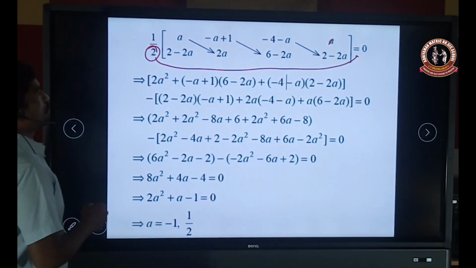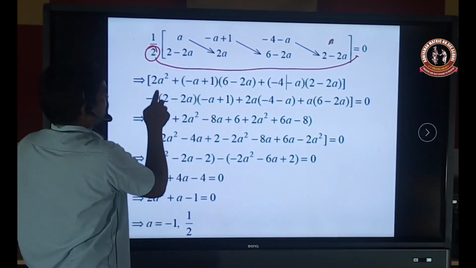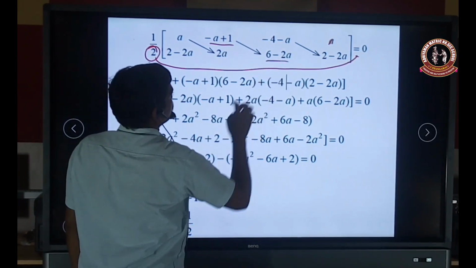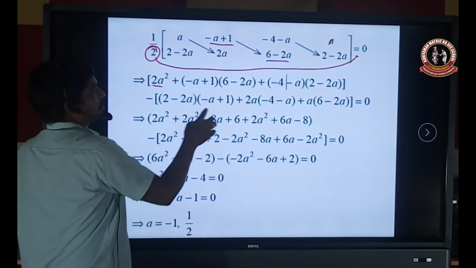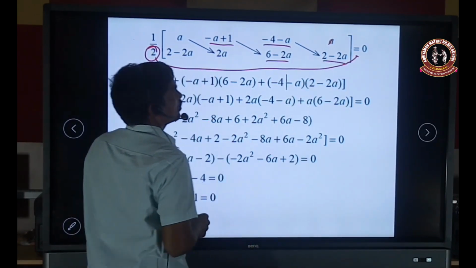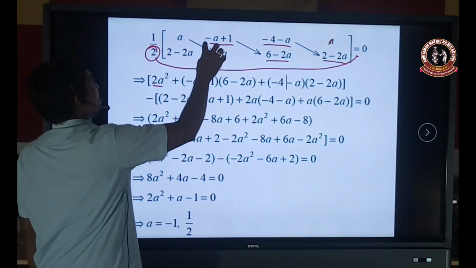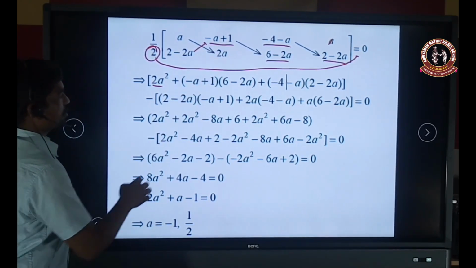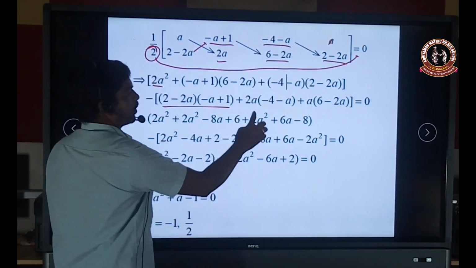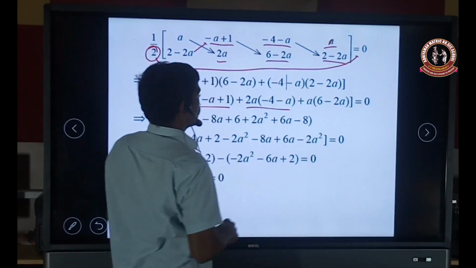Now by the pictorial representation method, a multiply with 2a equal to 2a square, minus a plus 1 multiply with 6 minus 2a, plus minus 4 minus a multiply with 2 minus 2a, minus of 2 minus 2a multiply with minus a plus 1. Next, 2a multiply with minus 4 minus a, and 6 minus 2a multiply with a equal to 0.